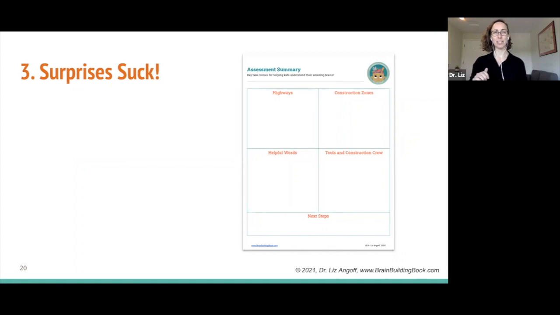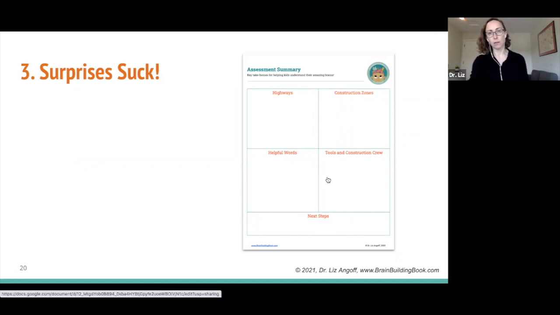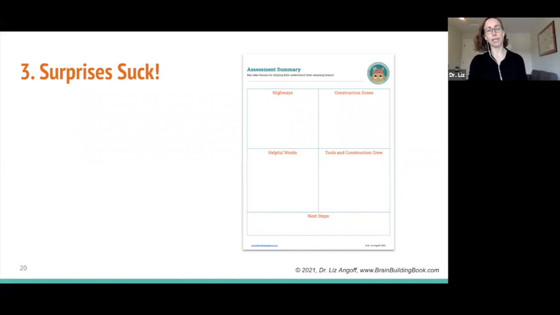I want to make sure that they have the words to say that, to be able to answer that question for themselves. And then tools and construction crew, this is just the recommendations from your report, and letting them know anybody new that they're going to be working with, if they're getting new intervention or if they have an IEP.